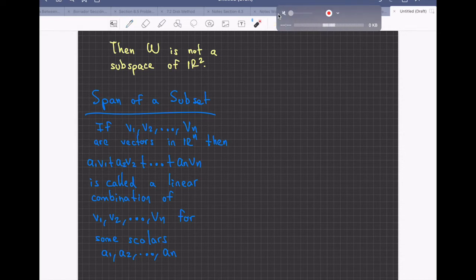So, what is a linear combination? You need to have a finite amount of vectors from Rn. And if you do the sum where you multiply by some scalars a1, a2, up to an, then this is called a linear combination of the vectors b1, b2, up to bn.